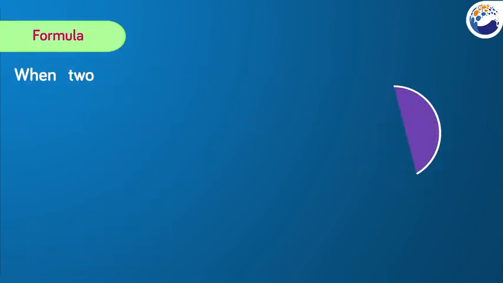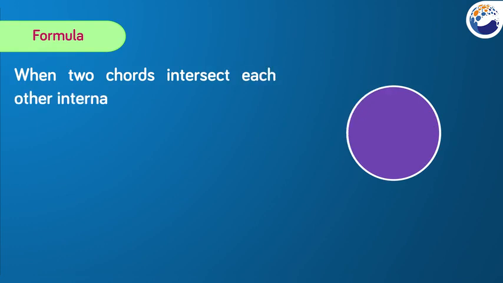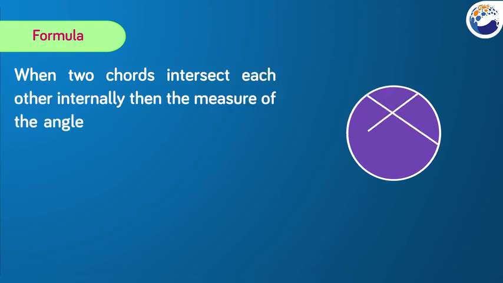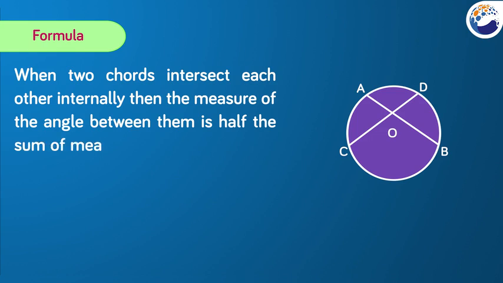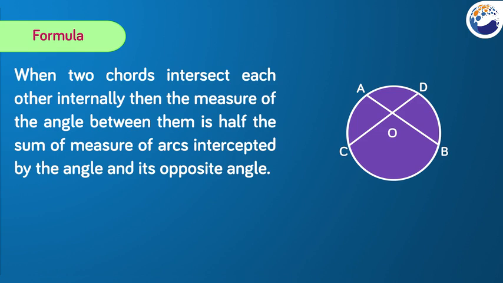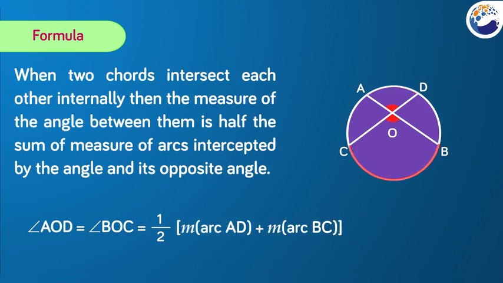Formula: remember, when two chords intersect each other internally, then the measure of the angle between them is half the sum of the measures of the arcs intercepted by the angle and its opposite angle. Angle AOD is equal to angle BOC is equal to half of the measure of arc AD plus the measure of arc BC.